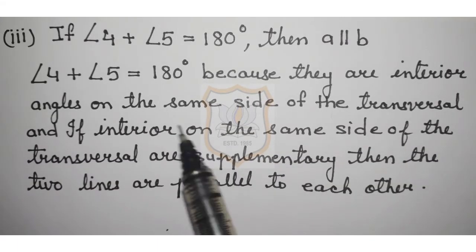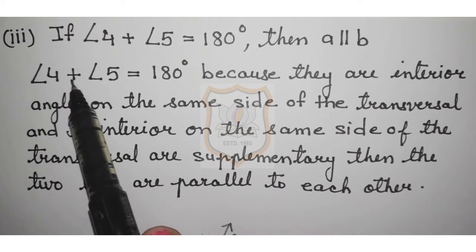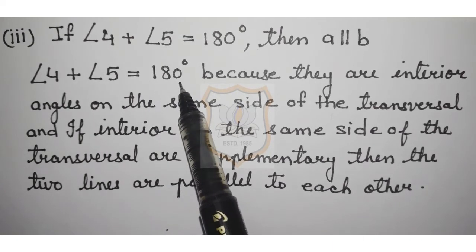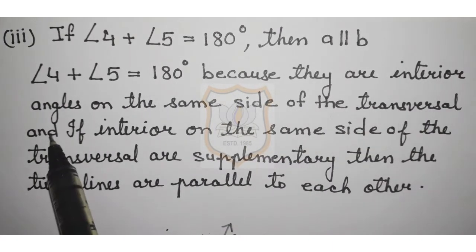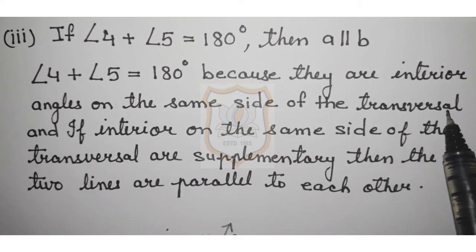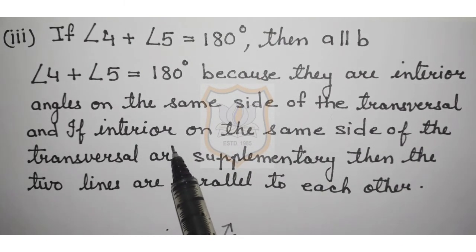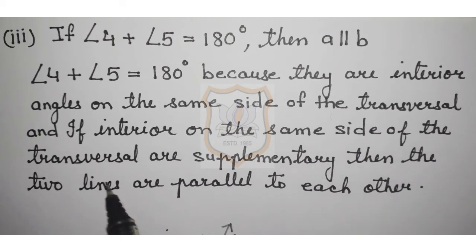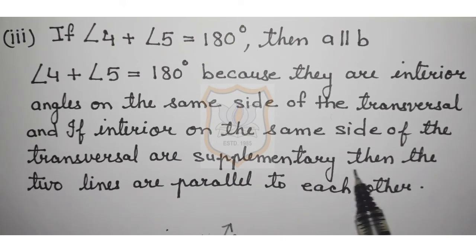Again, student, I am explaining you that angle 4 plus angle 5 is equal to 180 degree because they are interior angles on the same side of the transversal. And if interior angles on the same side of the transversal are supplementary, then the two lines are parallel to each other. This is a property of parallel lines.